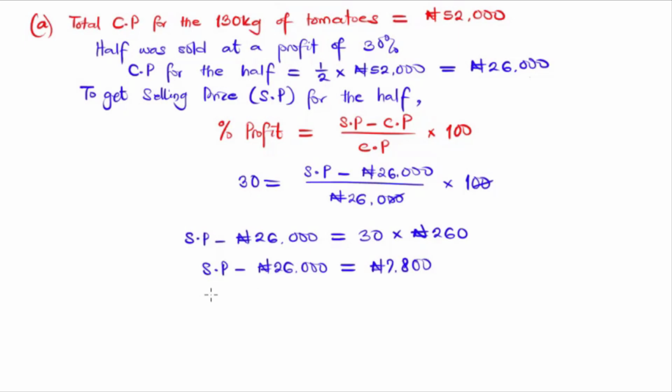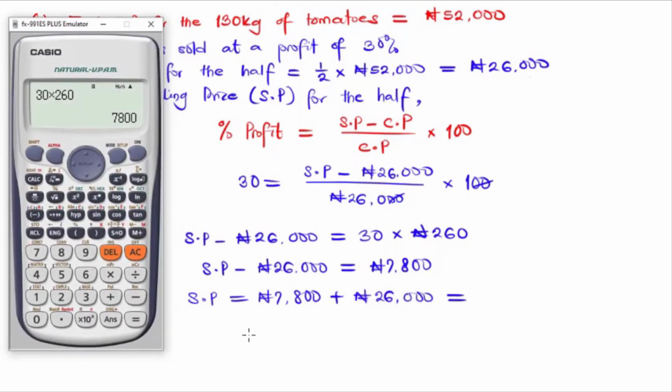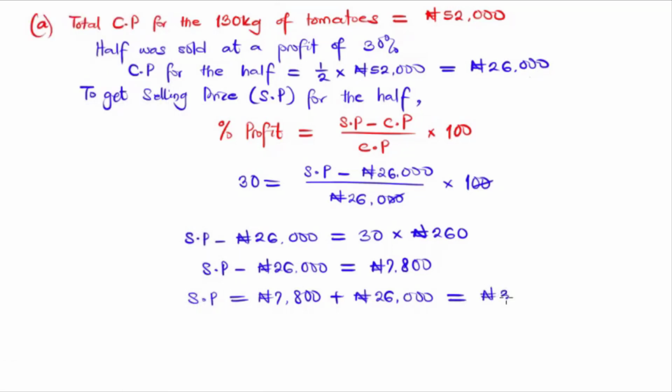So the selling price will now be 7,800 plus the 26,000 that we have moved from the left hand side to the right hand side. If you add that, it will be 33,800. So 33,800 is the price for the half that was sold at 30% profit.